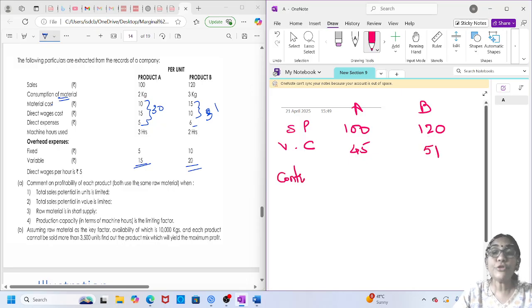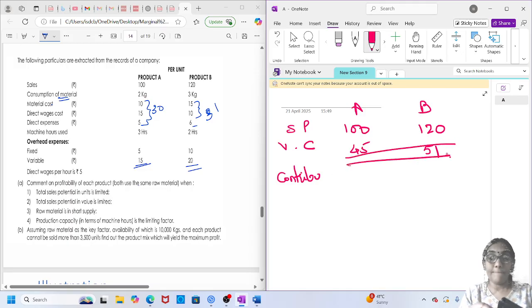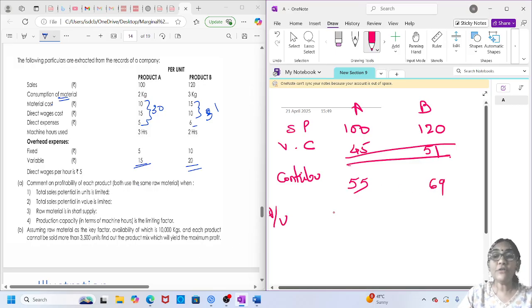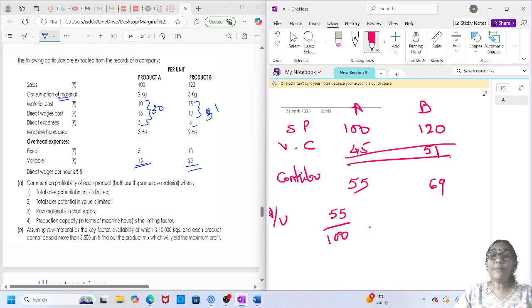Therefore, contribution is going to be 100 minus 45, that is 55, and 120 minus 51, that is 69. So PV ratio here would be 55 upon 100. Contribution upon selling price into 100. Here 69 upon 120 into 100.